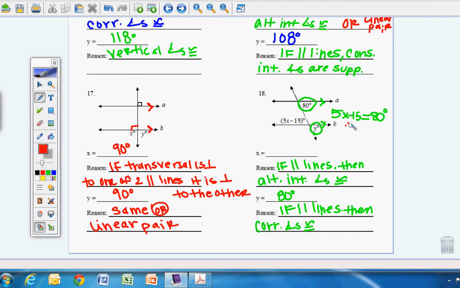So let's add 15 to both sides. That goes away. So we're left with 5x equals 95. And then we need to divide by 5. 95 divided by 5 is going to give me 19. So x is 19 and y is 80. All right. So again, I am going to save this and start the next page in our next video.